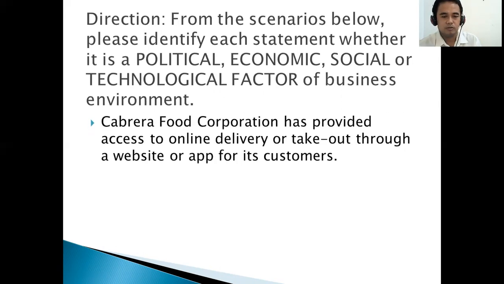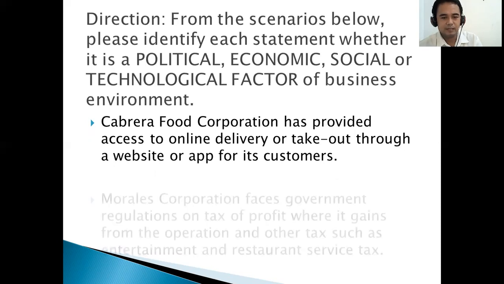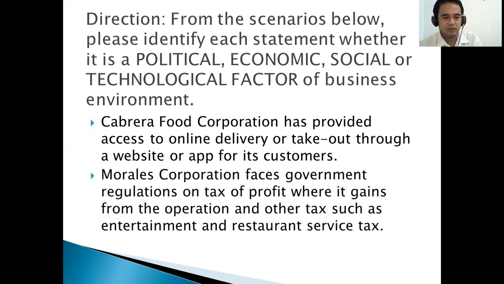Those are the things provided. So, one and two. Cabrera Food Corporation has provided access to online delivery or takeout through a website or app for its customers. Determine if that statement is about a political, economic, social, or technological factor of the business environment.